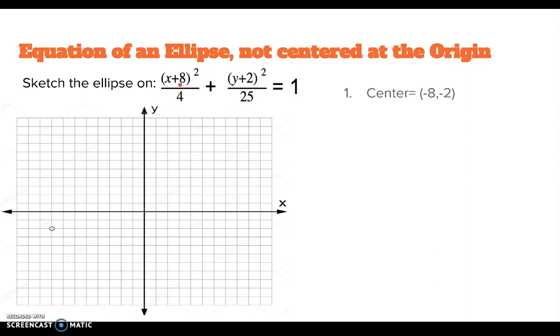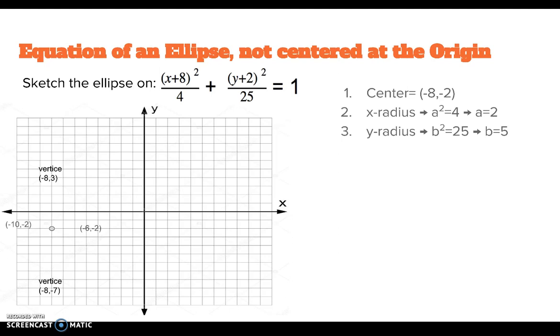Here 8 is positive, here 2 is positive, so our center is going to be negative: -8 and -2. So we have an x radius. Here it's A. A squared is equal to 4, so A equals 2. Plus here 25. We know that this is our B variable, so our y radius. B squared equals 25, where B equals 5.